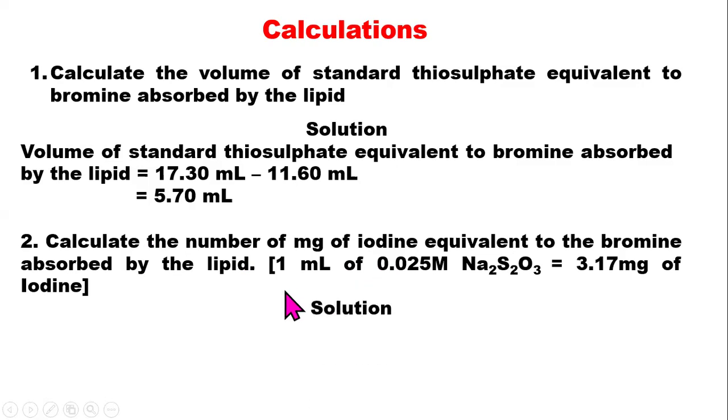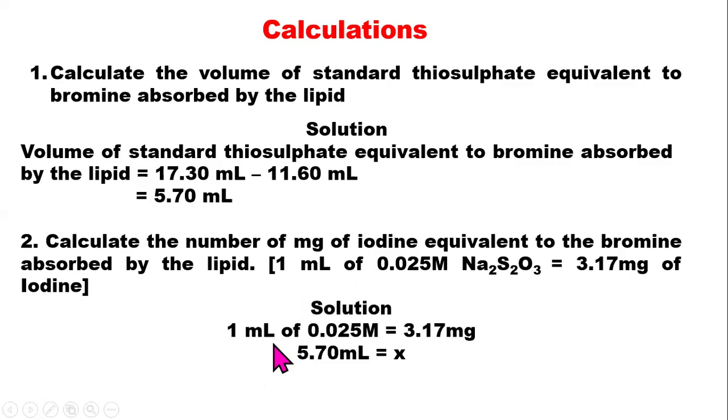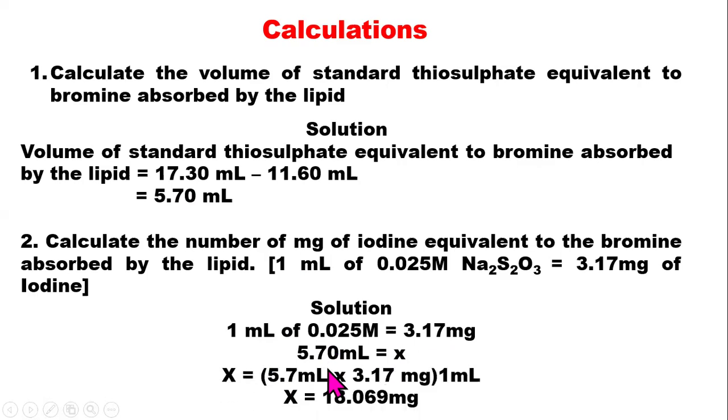Now, if we look at the solution, we are going to say that 1 ml of 0.025 molar is equivalent to 3.17 milligram. So this value that we got, 5.70, will be equal to X milligram. Now, as we cross multiply, X gives us 18.069 milligram. So this is the number of milligram of iodine equivalent to the bromine absorbed by the lipid.